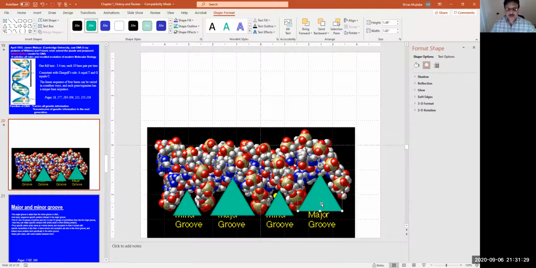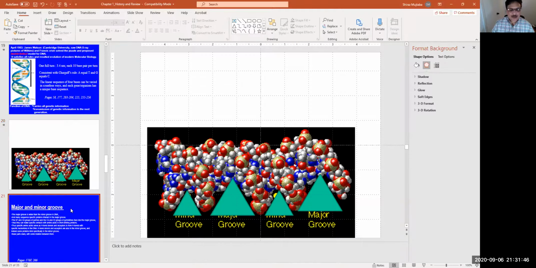So the intertwining of the DNA strands creates grooves, and these grooves are major and minor grooves, and they alternate. One minor, then one major, then minor, then major.